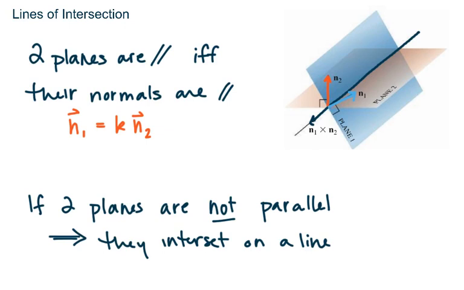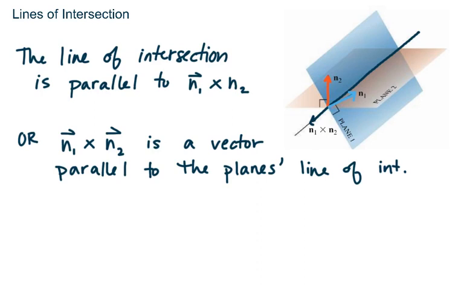And I know they don't look like they're at right angles because we're considering this all in 3 space or R3. So reconsidering this, we can say that the line of intersection is parallel to the cross product of the normal vectors, or rather, the cross product of the normal vectors is a vector parallel to the planes' line of intersection.